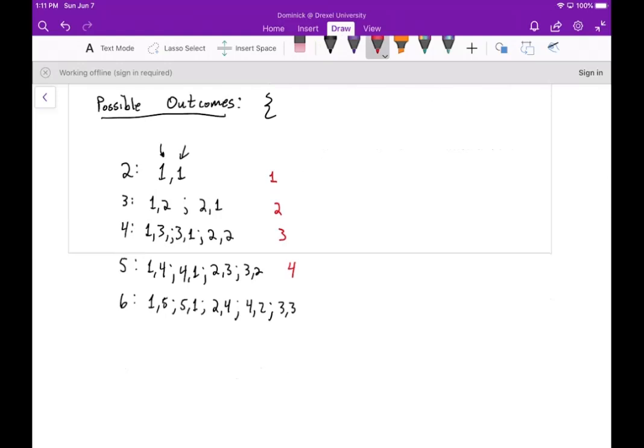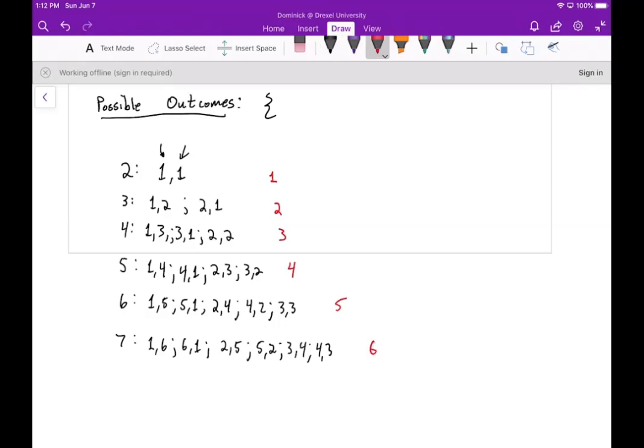And of course, that would give us 5 possible ways. Now 7 is the big one because we have 1 and 6, 6 and 1, 2 and 5, 5 and 2, 3 and 4, or 4 and 3. So we get 6 ways there.